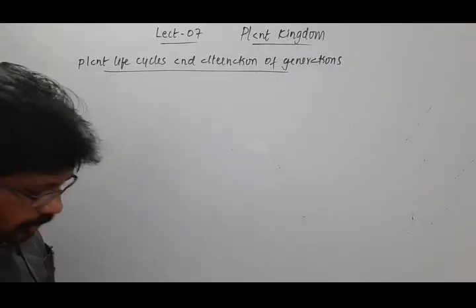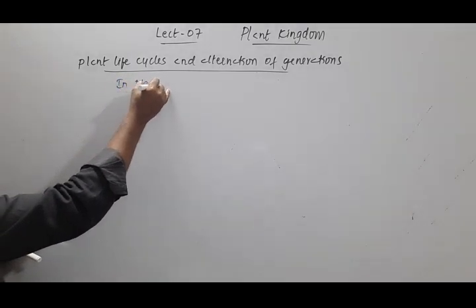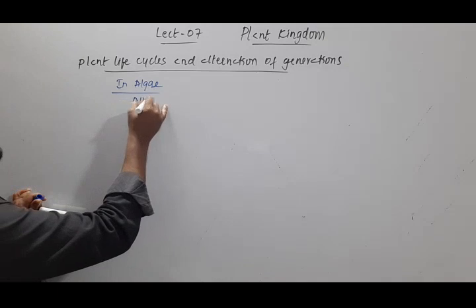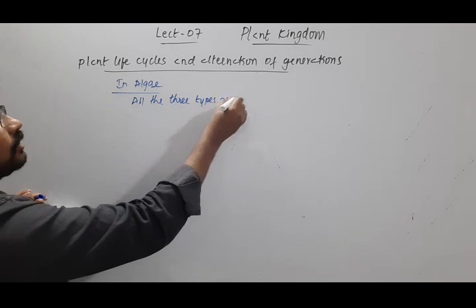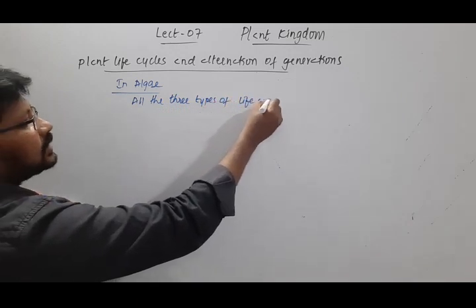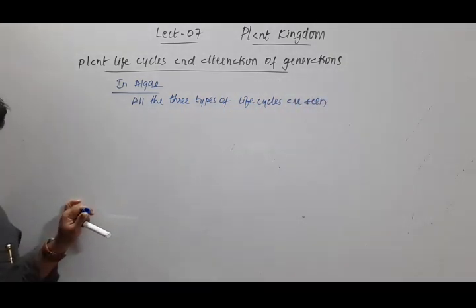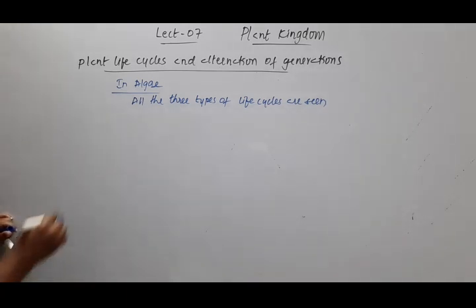In the beginning I told you that in algae, all three types of life cycles are seen. Not in one plant, I mean that some species will exhibit the haplontic life cycle, some will exhibit the diplontic life cycle, and some others will exhibit the haplo-diplontic life cycle.